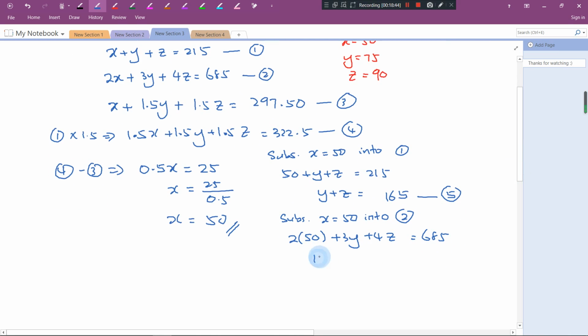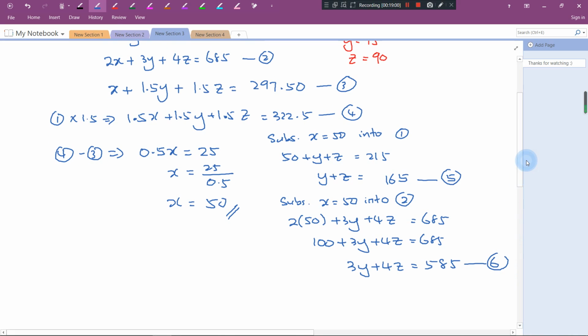So this is 100 plus 3y plus 4z is equal to 685. 685 minus 100, 3y plus 4z is equal to 585. That will be equation number 6.